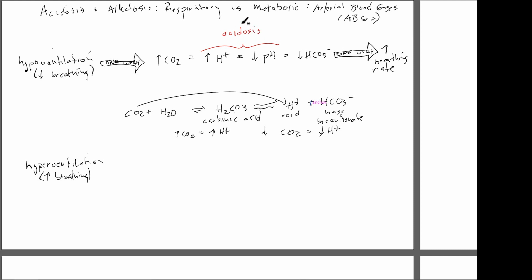And acidosis in the body is one of the most narrowly controlled things. You're used to hearing about homeostasis in this class. A pH of less than 7.35 is acidosis.